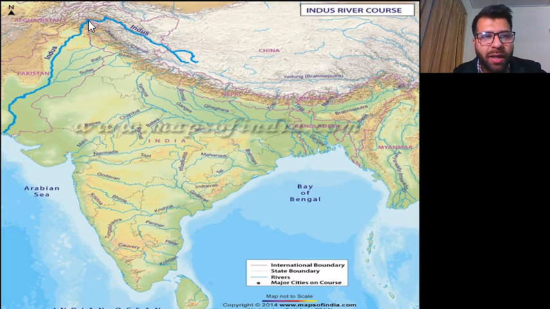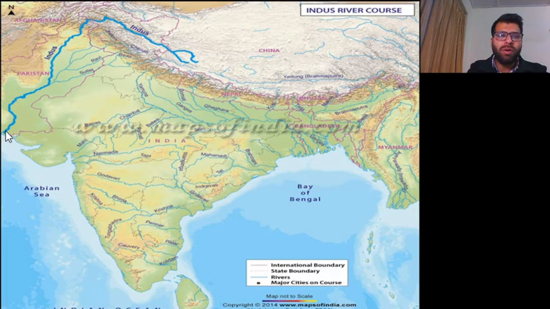And after crossing Nanga Parbat, this river again changes its direction and comes to the south and southwest direction, and it completely flows in Pakistan. This is the point where it submerges into the Arabian Sea, and here is the city Karachi. Now, this is all about river Indus.